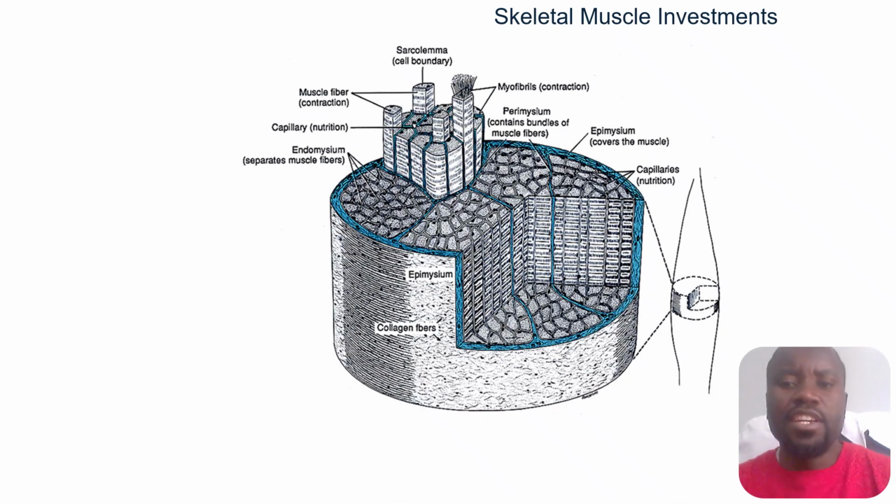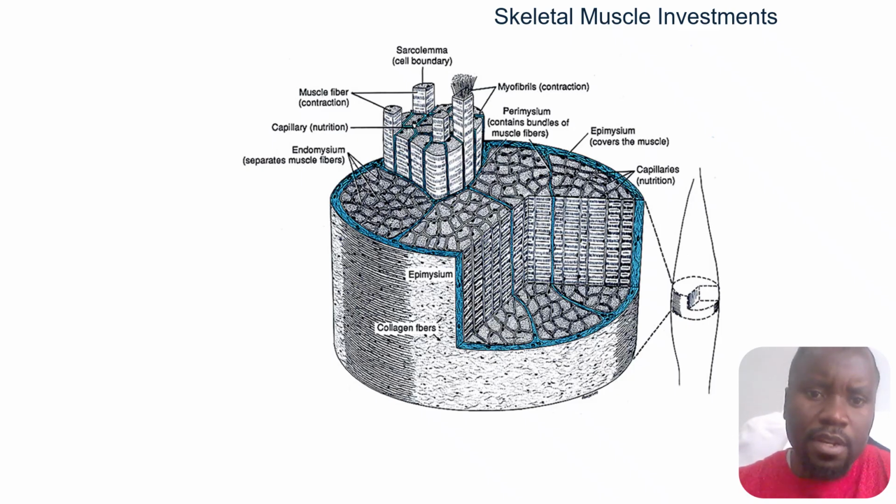So we begin with skeletal muscle, and if we did a cross-section, we will be able to see that skeletal muscle tissue is very organized, in a very interesting kind of structure.